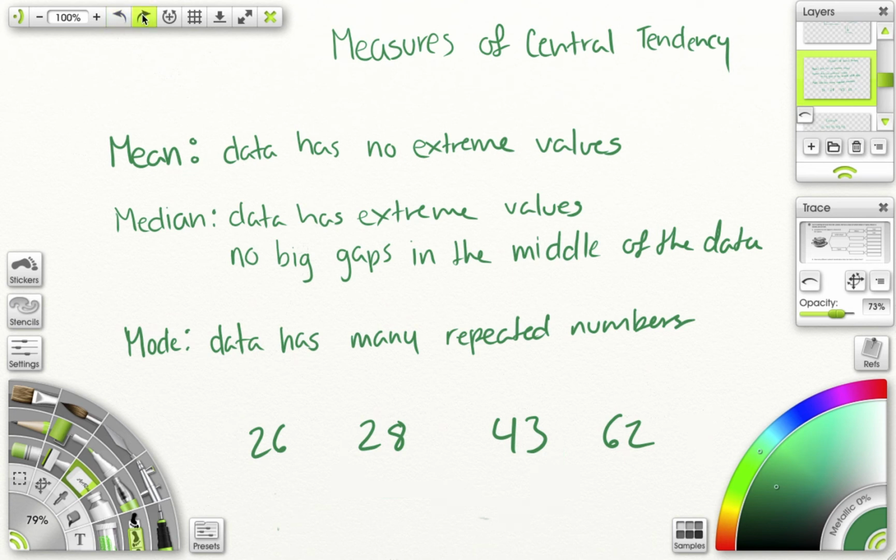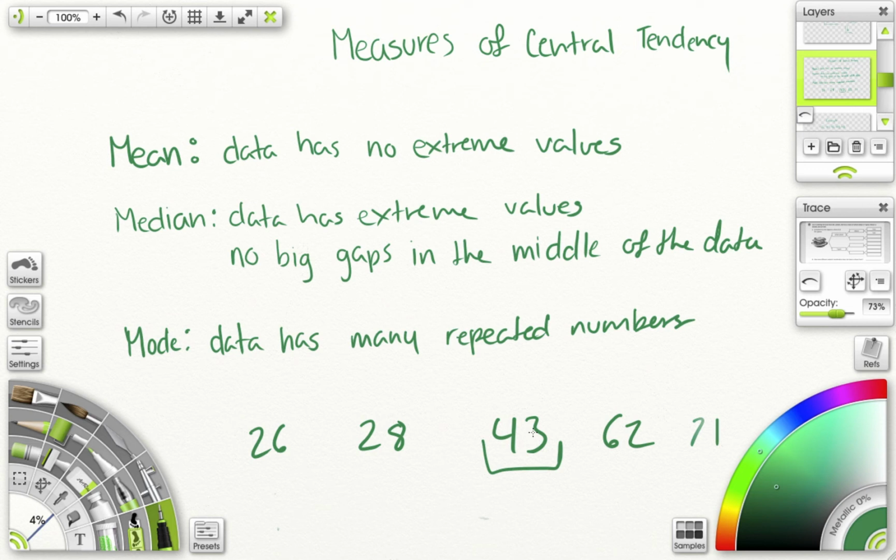The middle number of this data has a little bit of a variation between it and the other ones. So in this case, median may not be the best choice for this set of data.